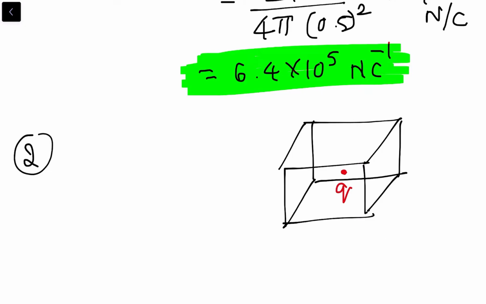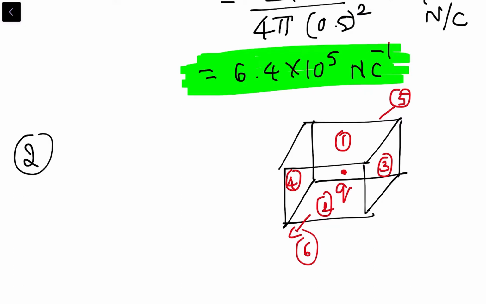Then the flux will go through all the surfaces, that is the top surface, bottom surface, right surface, left surface, back surface, and then the front surface. That is 6.